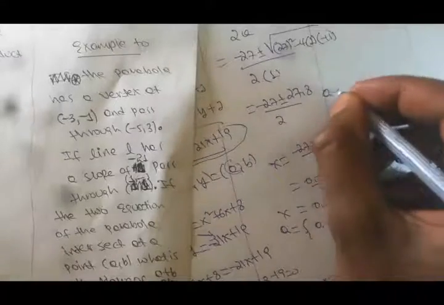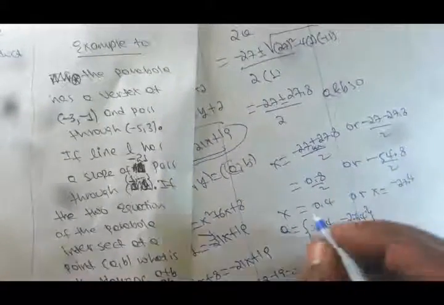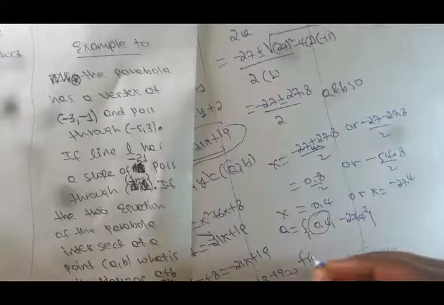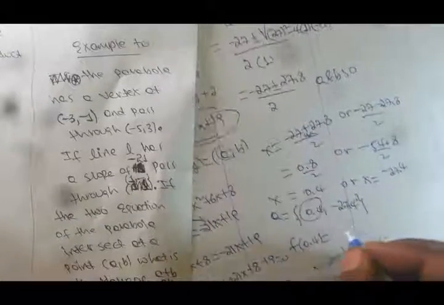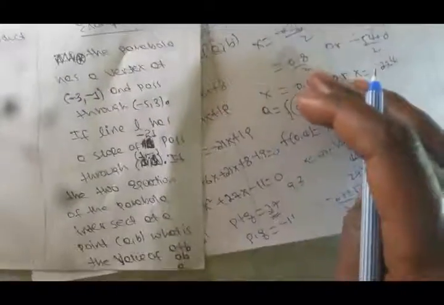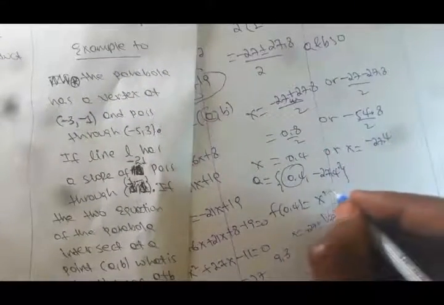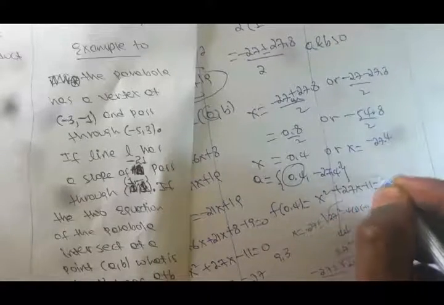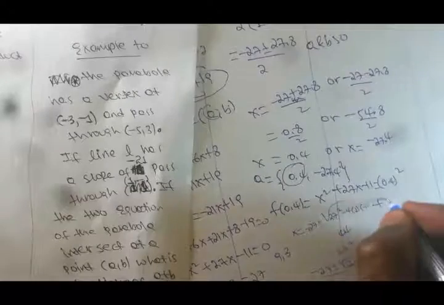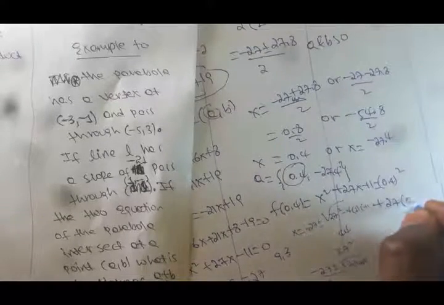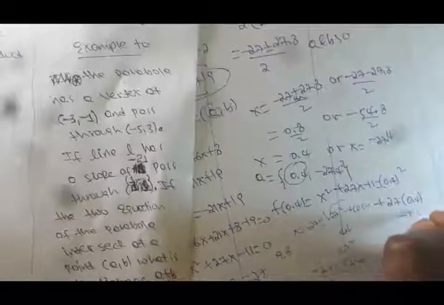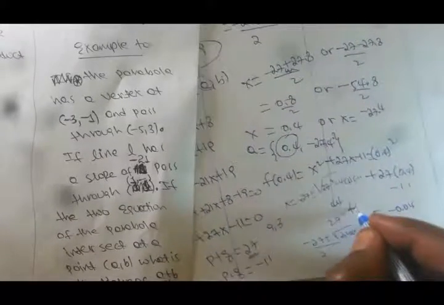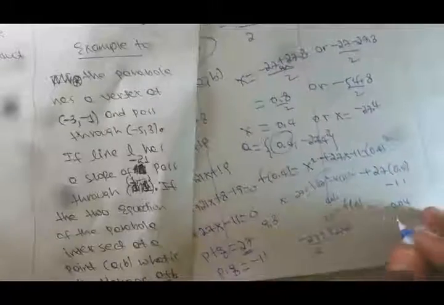Let's say both a and b are greater than 0. Therefore the value of a is only 0.4. Therefore f of 0.4 is equal to our equation x squared plus 27x minus 11, which is 0.4 squared plus 27 times 0.4 minus 11. Therefore the value of f of a is equal to b.